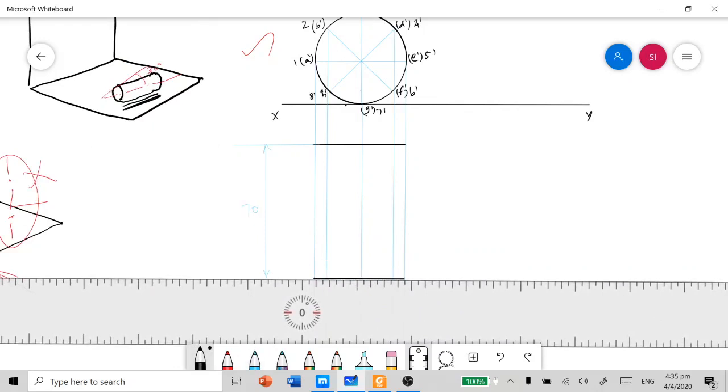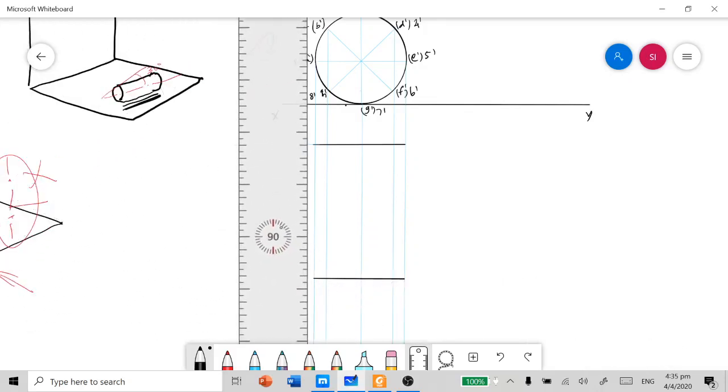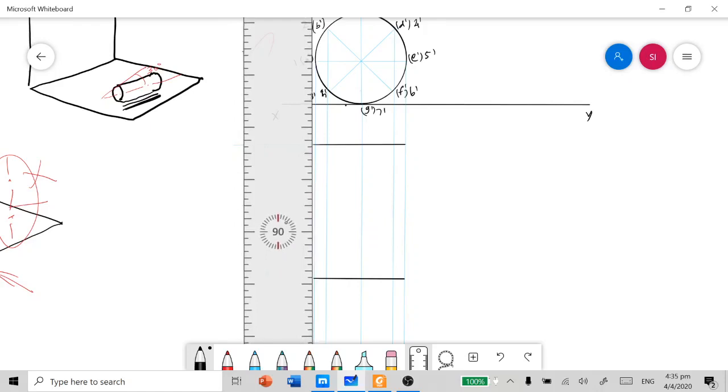It's a cylinder, a solid of revolution, so the extreme generators should be darkened and the interior generators you need not darken.